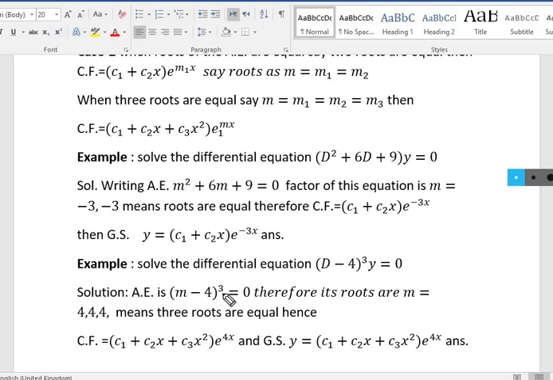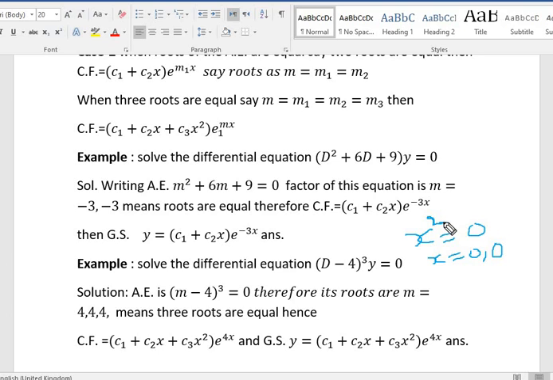See, m - 4 = 0 gives m = 4. But here power 3 is given. Remember that if x² = 0 is given, it should be written as x = 0, 0.